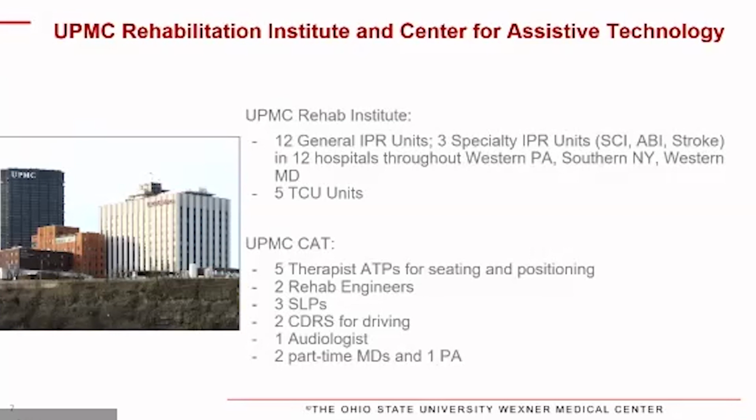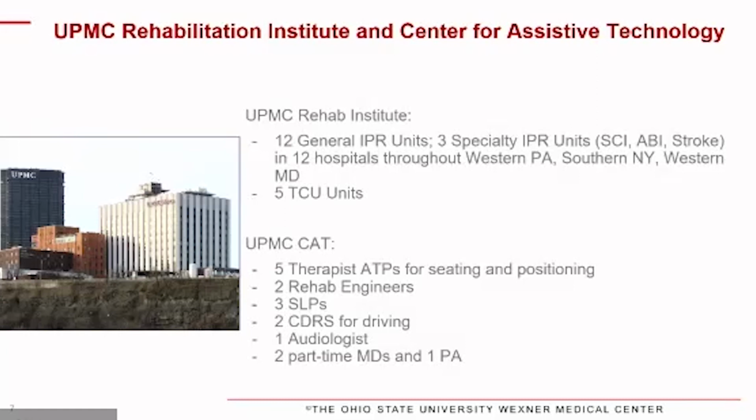Okay. UPMC, University of Pittsburgh Medical Center, has a few dozen hospitals. The main Rehab Institute is in downtown or uptown Pittsburgh. It has specialty units: spinal cord injury, brain injury, stroke, and an amputee orthopedic unit. The Rehab Institute also exists in a lot of our satellite hospitals.